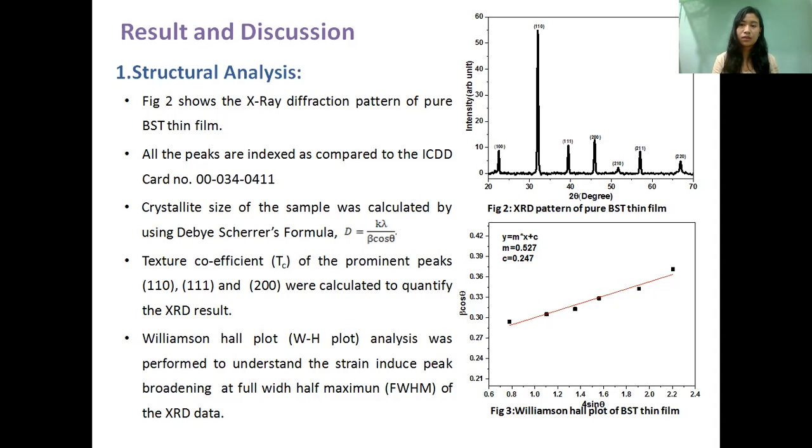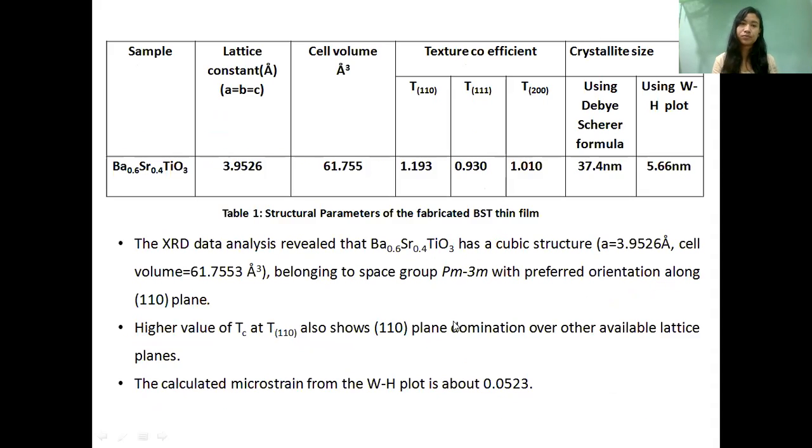Here we have taken the 110, 111, and 200 planes. And in order to understand the strain-induced peak broadening of the full width at half maximum of the XRD data, the Williamson-Hall analysis was also performed. Table number 1 presents the structural parameters of the fabricated barium strontium titanate thin film.